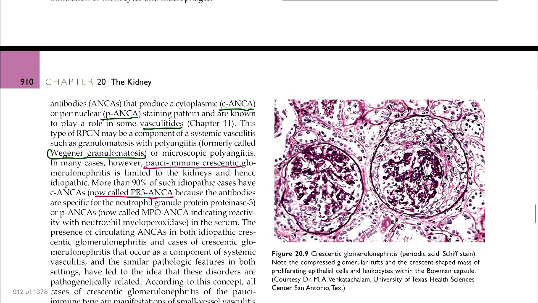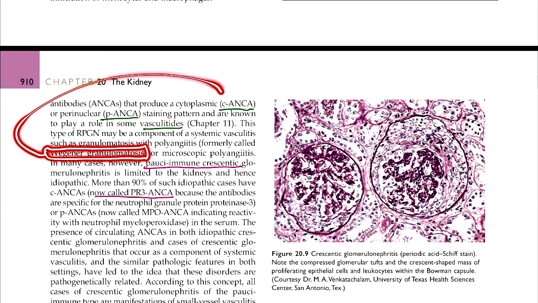Wegener's granulomatosis was associated with C ANCA.